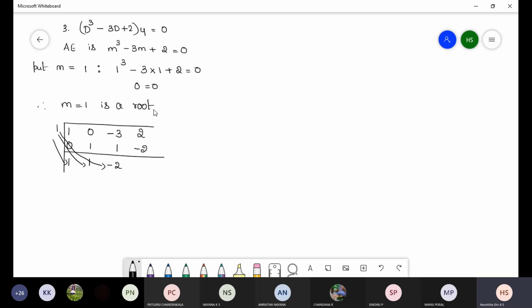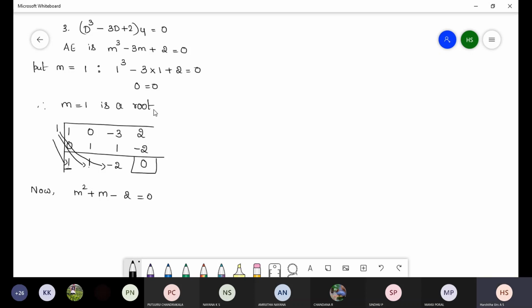So here minus 2, we get 0. So when we get 0, what do we have to write? Less than that. Here m cube is there, so here we have to write m square. Here m square plus m minus 2 is equal to 0. We have to start from here. M square plus m minus 2 is equal to 0.